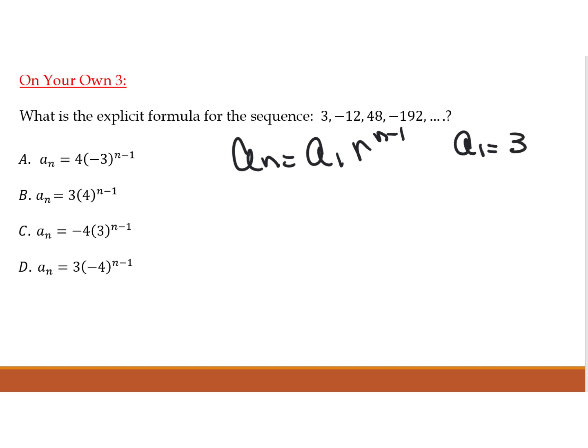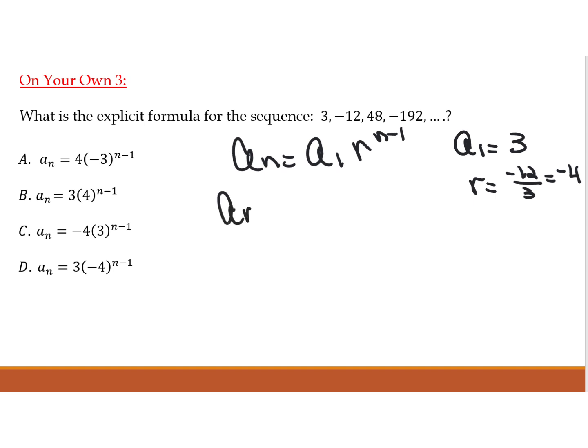And we have to know what r is in order to write this formula. So to find r, I'm going to take the second term, which is -12, divided by the first term, which is 3, and I get a value of -4 for r. At this point, all I'm going to do is just plug in those two values into this formula.